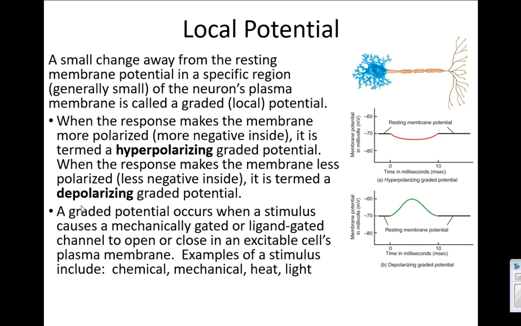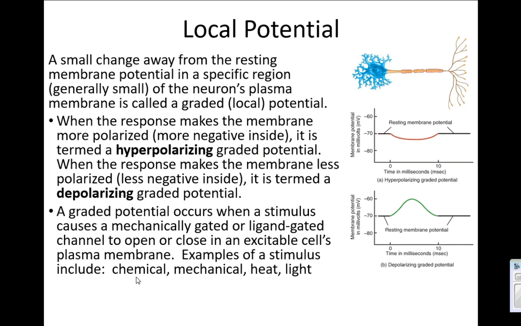Okay. The ones that we're going to focus on are mechanically gated and ligand-gated channels. Things that can cause those to open up would be obviously a mechanical stimulus, like pushing in on your skin, causing mechanically gated channels. Chemicals. All sorts of different chemicals.